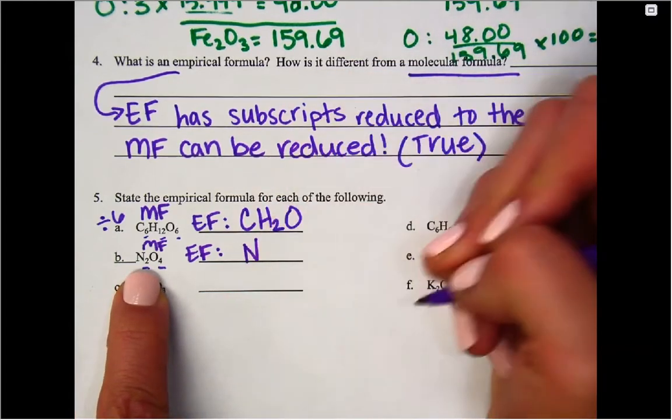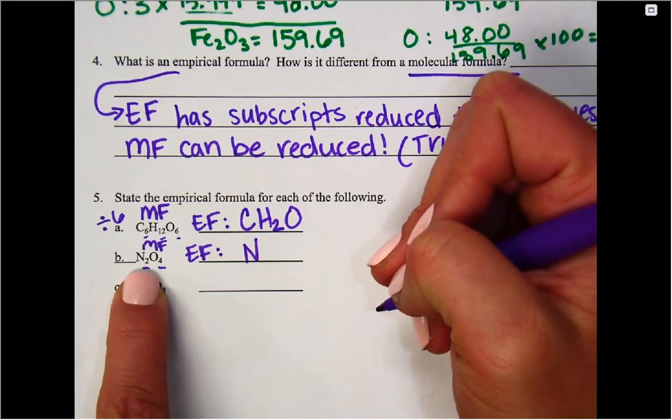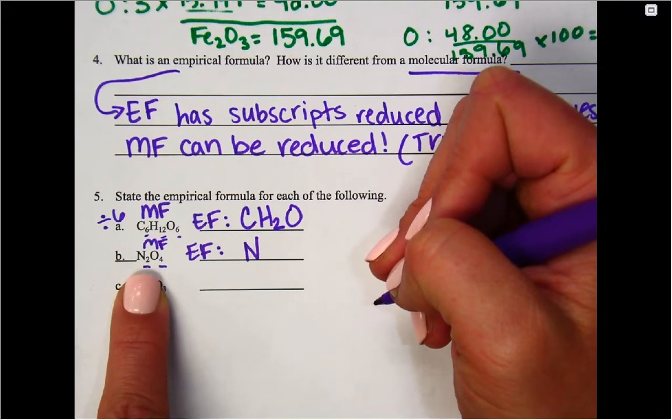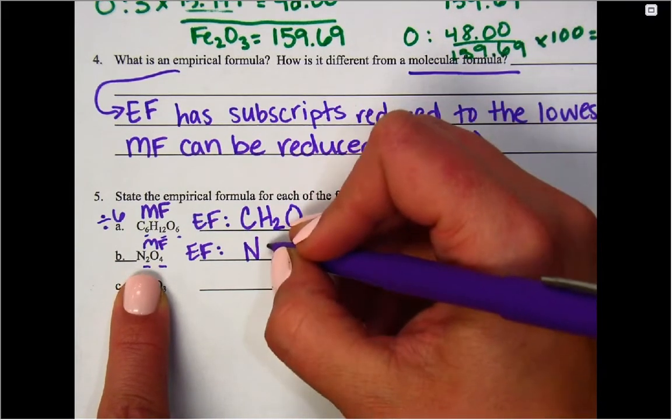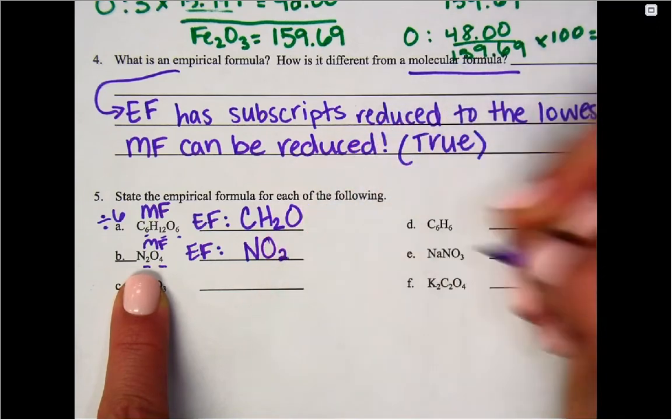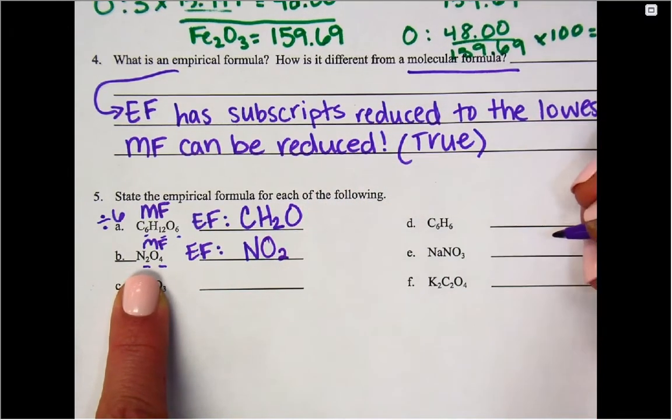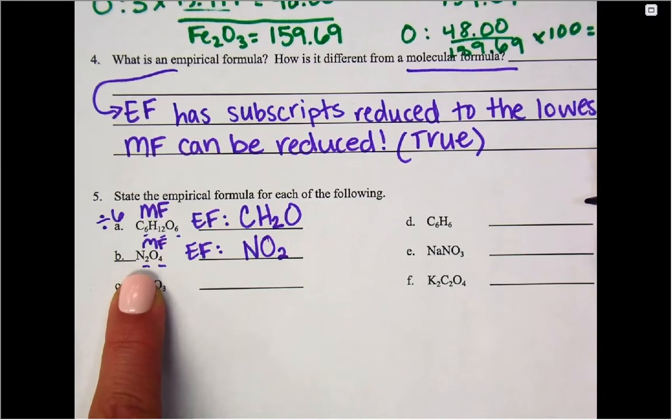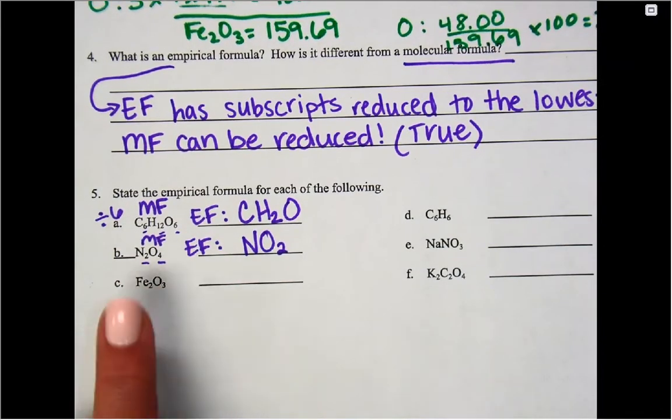So we're going to have N. What is 4 divided by 2? A 2. So NO2. All we did was reduce them. So think fractions. Back in the day when you guys had to reduce 2 over 4 is the same as 1 over 2. Things like that. Maybe? I don't know.